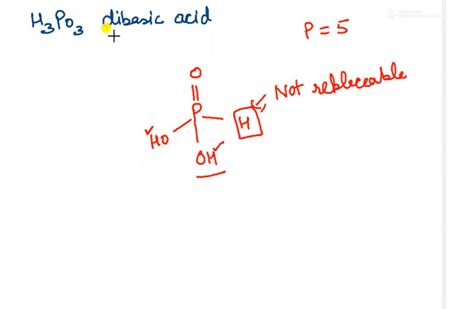These two will be ionized, but this hydrogen will not, because replacing it would affect the valency and stability of phosphorus. That's why there are only 2 replaceable hydrogen atoms, so phosphorous acid is a dibasic acid.